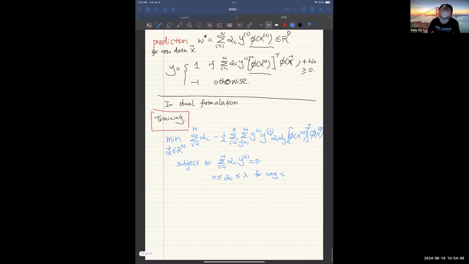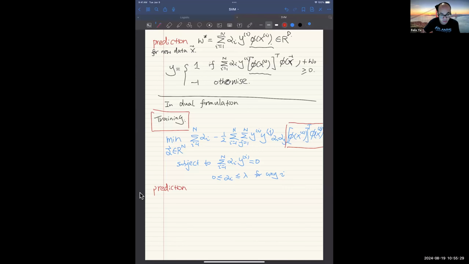You have seen this before. The only difference right here is that we have changed this into phi of x_i and phi of x_j instead of x_i and x_j. Then for the prediction, we can use what we already have. We can find the W star, and also the W0.